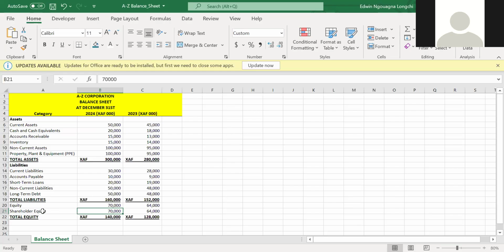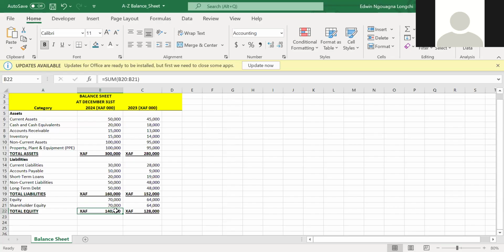Equity is maybe shareholders' equity, money that people have invested in your business. And the total must always be what? Assets minus liability plus equity. So if you sum liability and equity and subtract from assets, it should always balance, right? That's what we call a balance sheet. If it doesn't balance, then it's an issue.